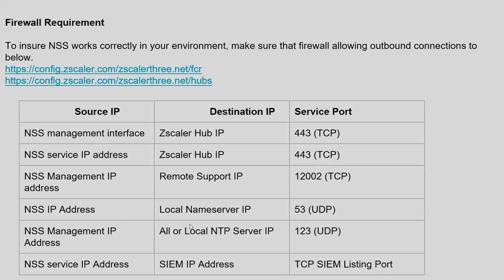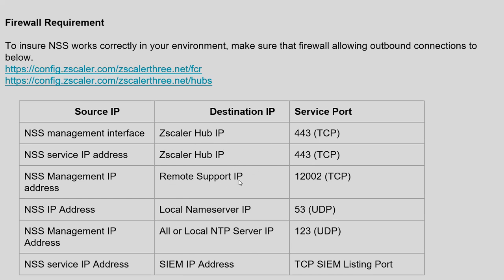And of course, you need to allow the NTP IP as well, the local one if you have customized it, otherwise the global NTP server IP address or host name, on port 123 UDP protocol, right? And the NSS service IP address connecting to your SIEM solution on the port you have configured, TCP protocol.